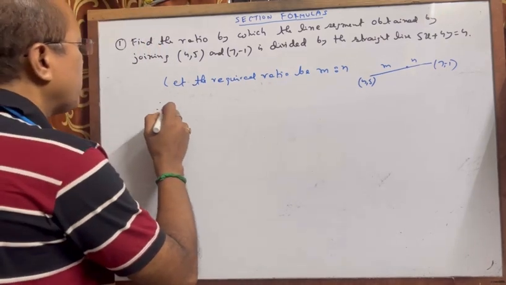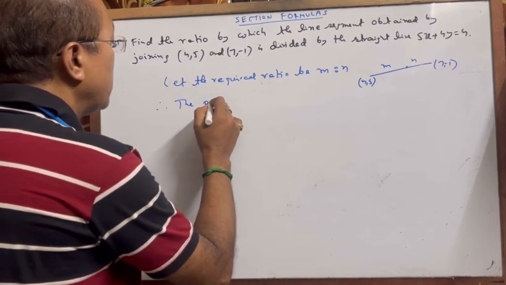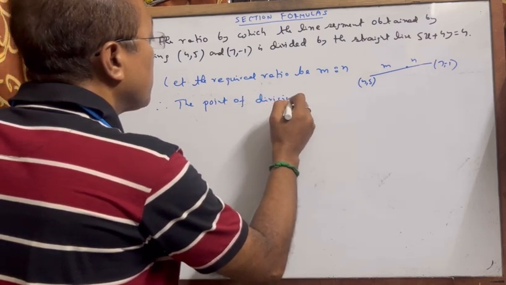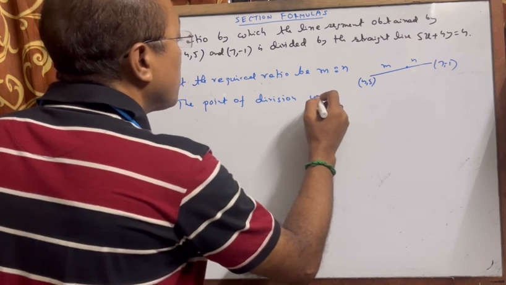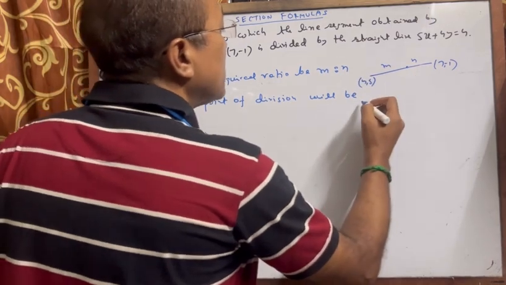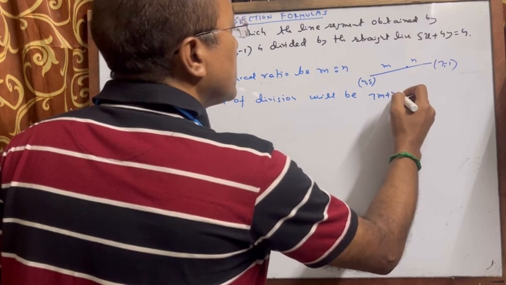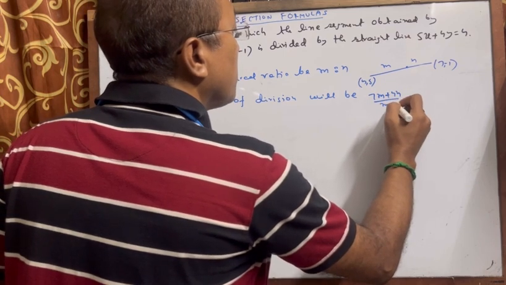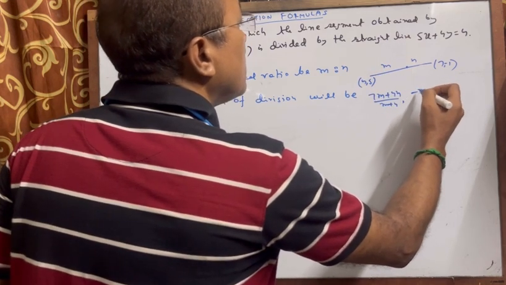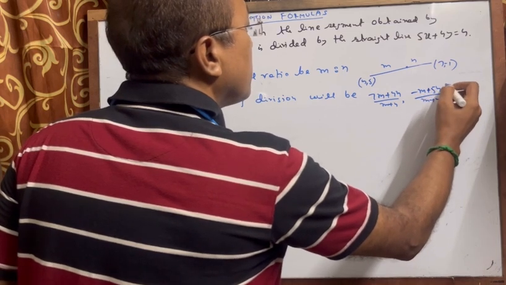Therefore, the point of division will be (7m plus 4n by m plus n) and (minus m plus 5n by m plus n).